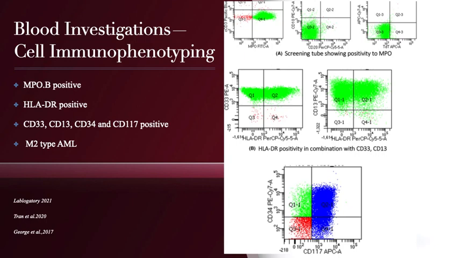AML was traditionally classified into subtypes M0 through M7 based on the cell line and maturity of the cells. This was determined by how the cells look under the microscope after a series of special staining techniques.